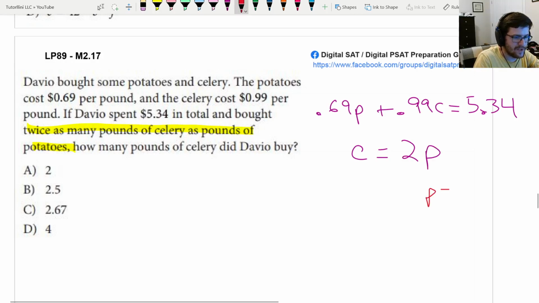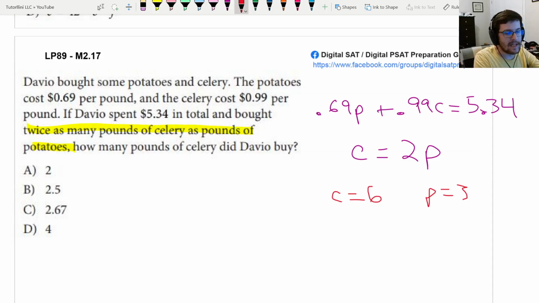Let's say P is 3. Then that means C is 6. Does that make sense with the sentence? Twice as many pounds of celery. You see, celery is more. Lots of people would have misread that and put 2C equals P, which would be wrong. So I always recommend when you're coming up with some kind of words to math, come up with just a sample set of numbers and see if it makes intuitive sense to you. I think that's right.